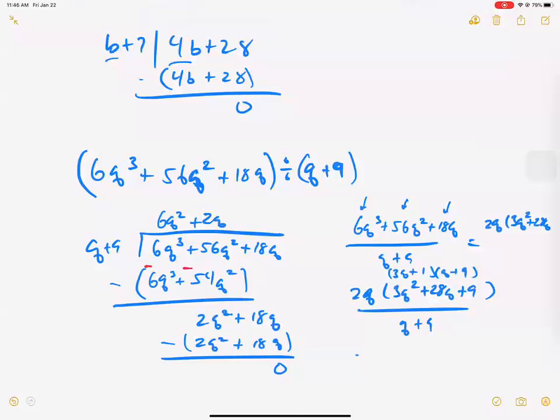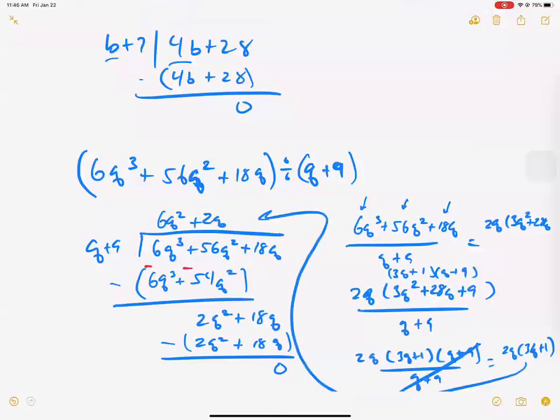That's factorable. So 2q, 3q plus 1, and that's our factoring technique. And these would divide out, leaving me 2q, 3q plus 1, which is the same answer as before. But that takes us another approach through factoring.